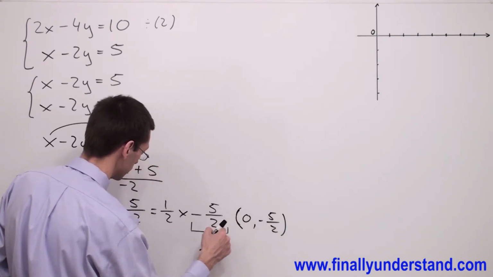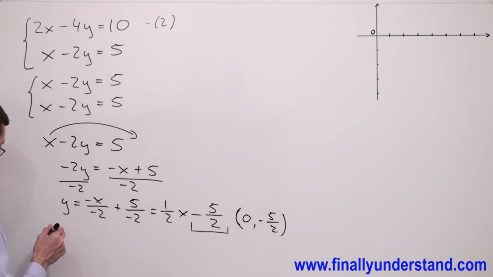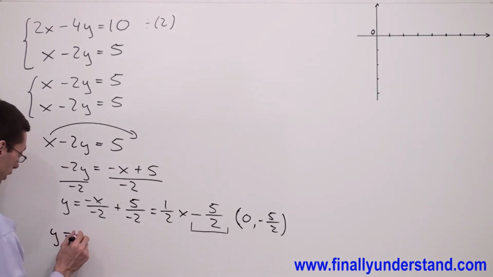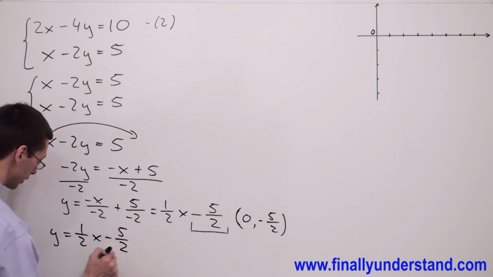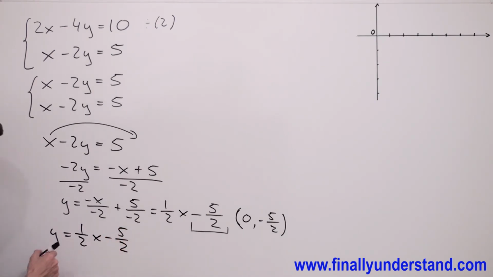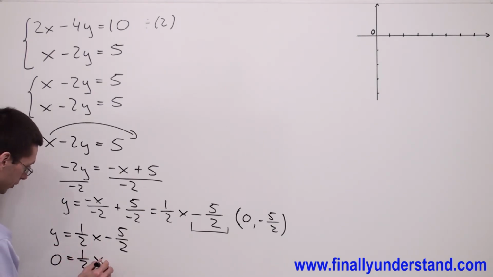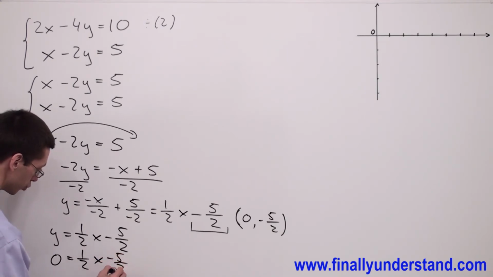This is not part of the equation. So I have y is equal to 1/2 x minus 5 over 2. I'm going to start from this equation. So I have 0 is equal to 1/2 x minus 5 over 2.